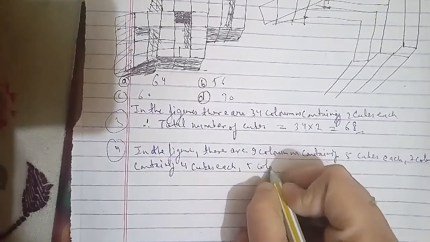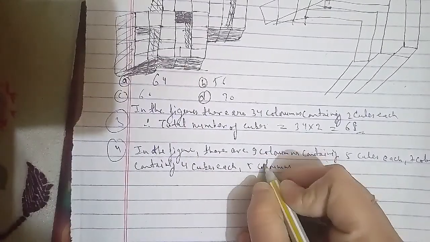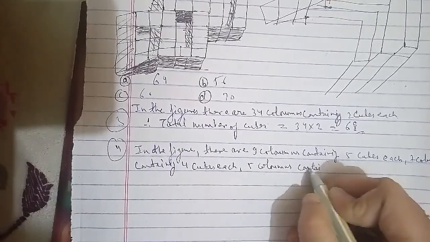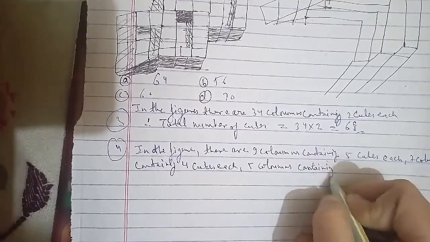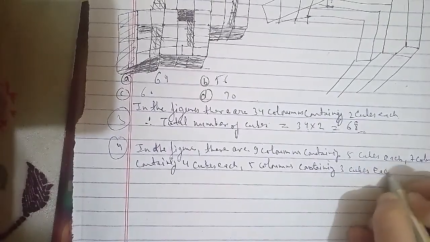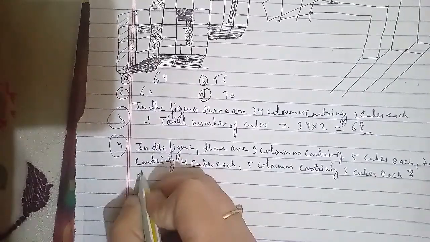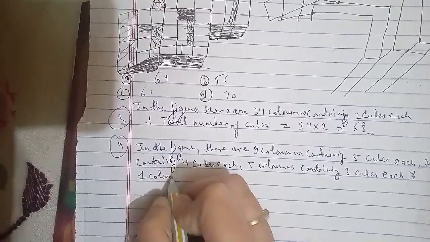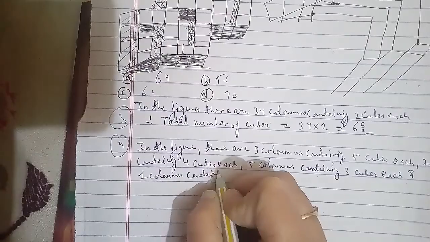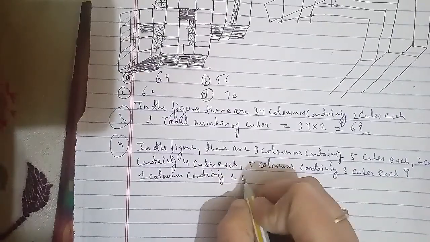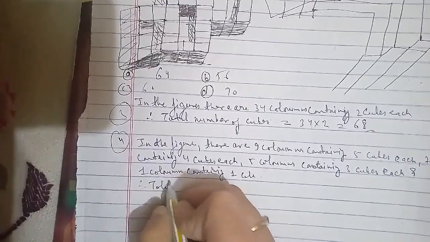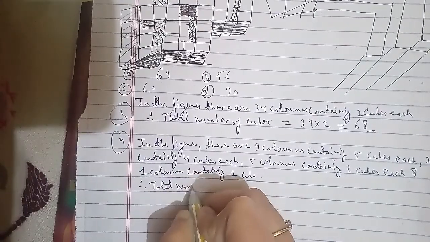So the total number of cubes equals 9 into 5 plus 7 into 4 plus 5 into 3 plus 1 into 1, which equals 9 5s are 45 plus 7 4s are 28 plus 5 3s are 15 plus 1 1 is 1.